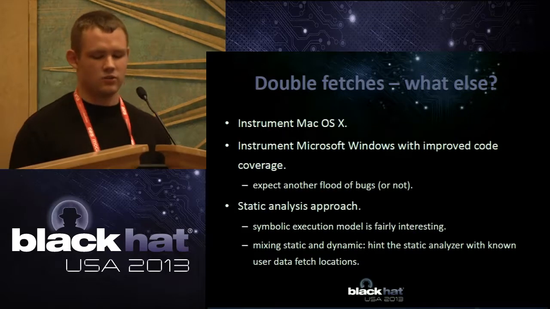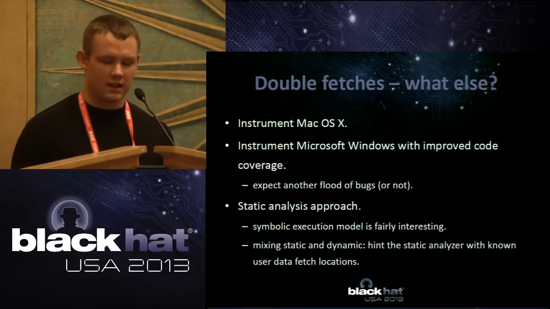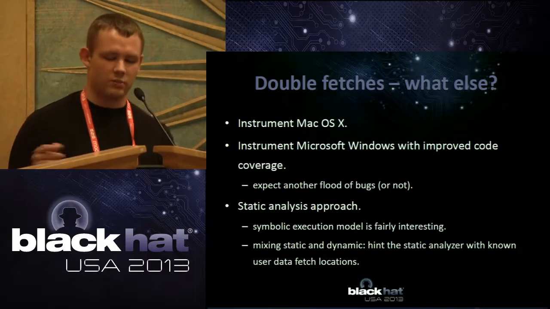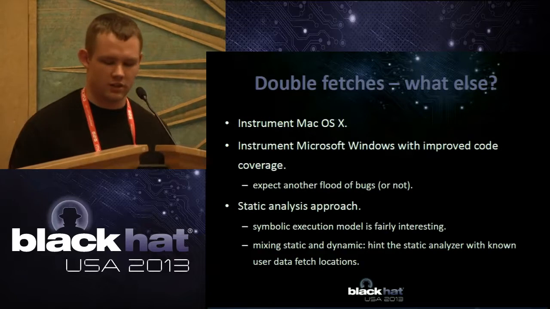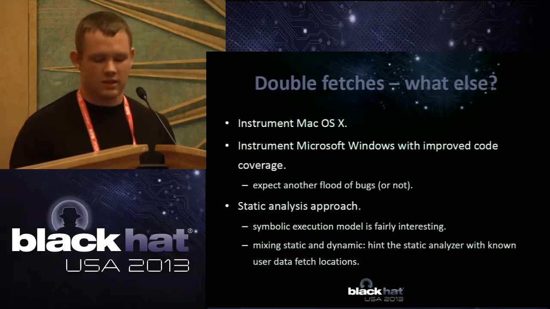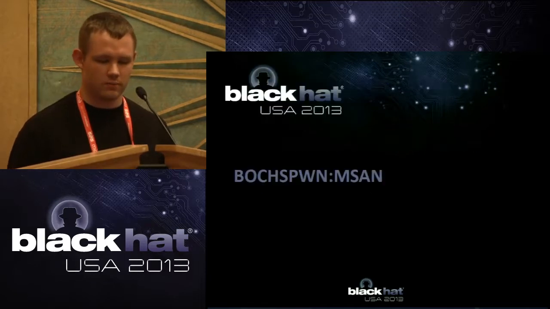We could also try to mix the static and dynamic analysis by hinting the static analyzer with information that we have from the dynamic one, such as where the instructions are that we know for sure are fetching data from user mode. This could be interesting, and potentially it has much bigger capabilities of having greater coverage, because then we're not limited to the code that we actually have to execute.